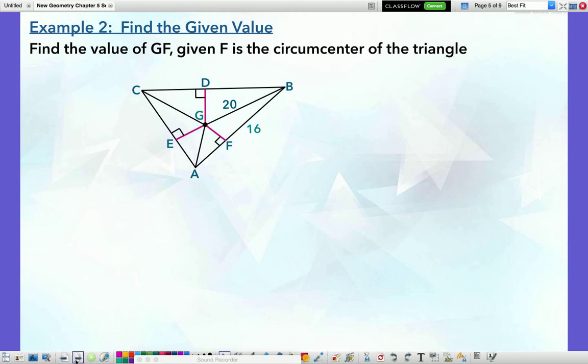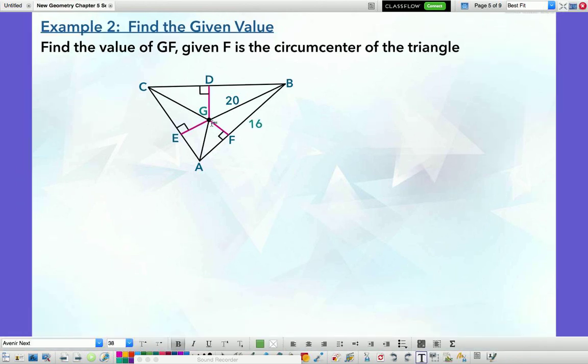So we want to find the value of GF given, well, it's supposed to say G is the circumcenter. So let's fix that right away. Whoops. G is supposed to be the circumcenter, obviously.